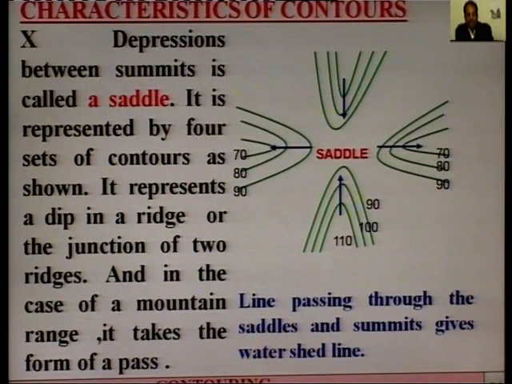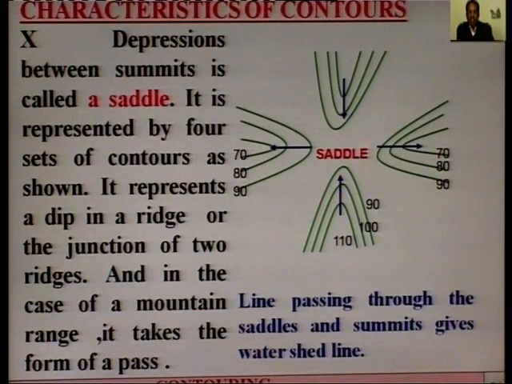Next, a depression between summits is called a saddle. As we have seen the seat of a bicycle, this is just like that. It is represented by 4 sets of contours as shown on your monitor screen.